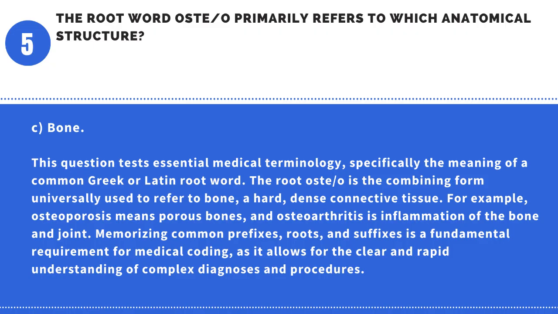The root osteo is the combining form universally used to refer to bone, a hard, dense connective tissue. For example, osteoporosis means porous bones, and osteoarthritis is inflammation of the bone and joint. Memorizing common prefixes, roots, and suffixes is a fundamental requirement for medical coding, as it allows for the clear and rapid understanding of complex diagnoses and procedures.